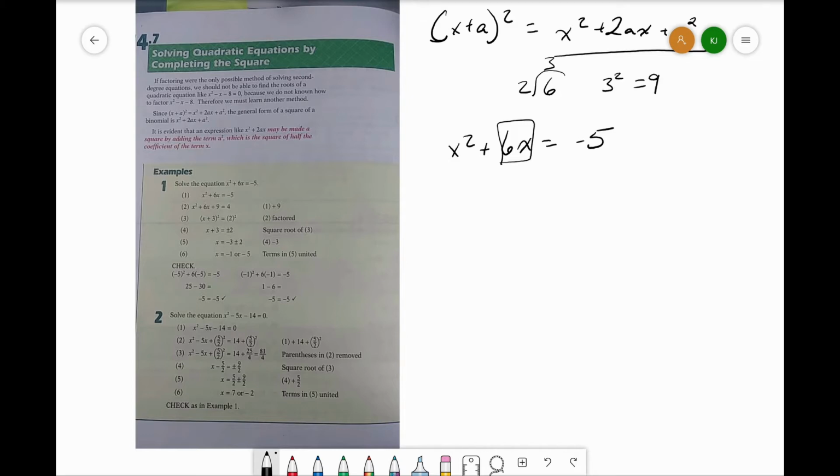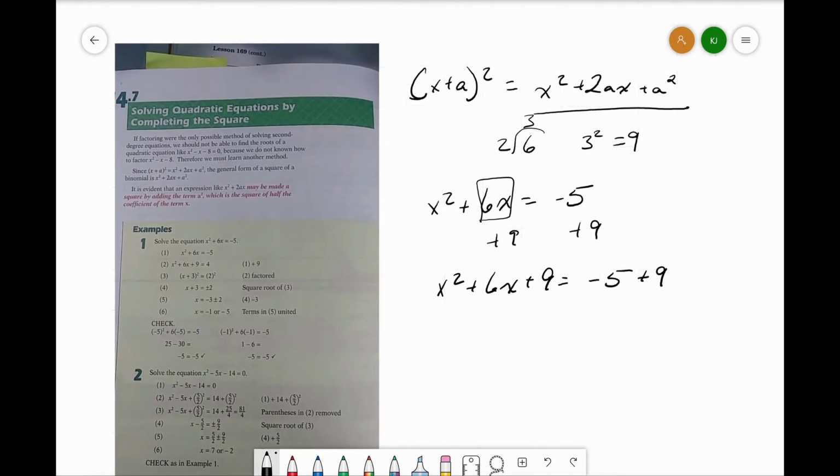Then we're going to add 9 to both sides. So x squared plus 6x plus 9 is equal to negative 5 plus 9, because what we're doing is adding that a squared in through all of this.